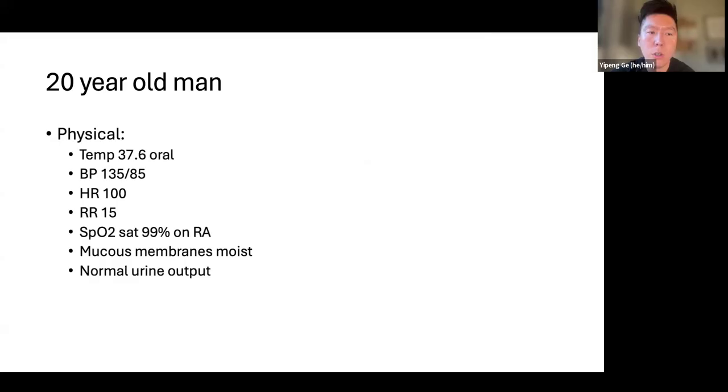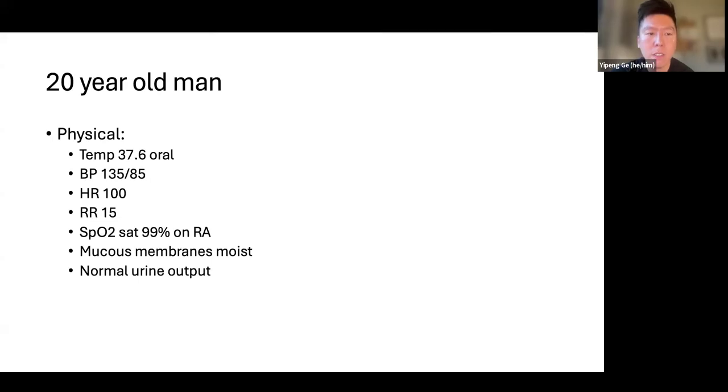So the physical shows a temperature of 37.6, blood pressure of 135/85, a heart rate of 100, a respiratory rate of 15, oxygen saturation 99% on room air, mucous membranes are moist, and normal urine output.